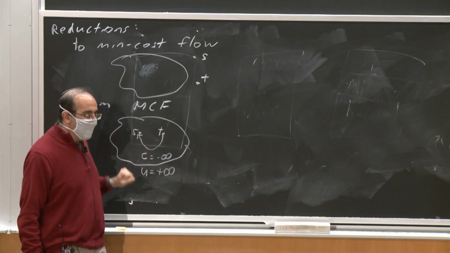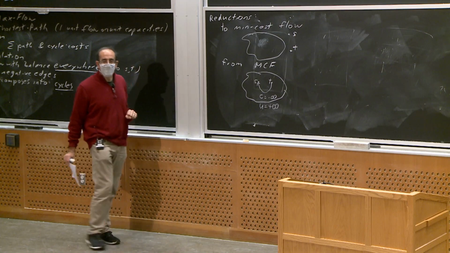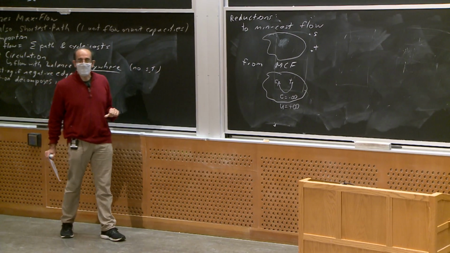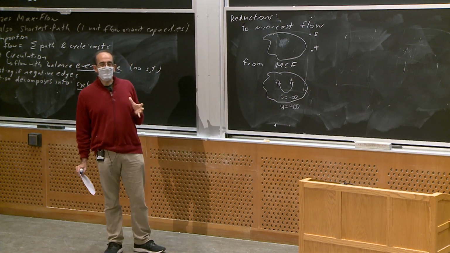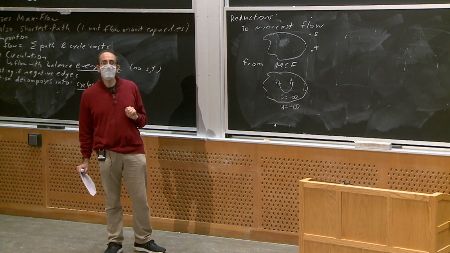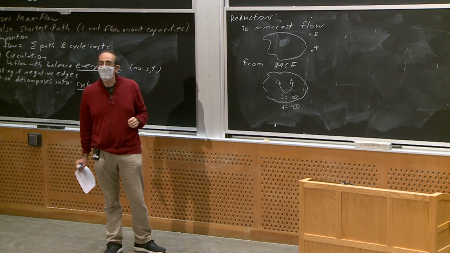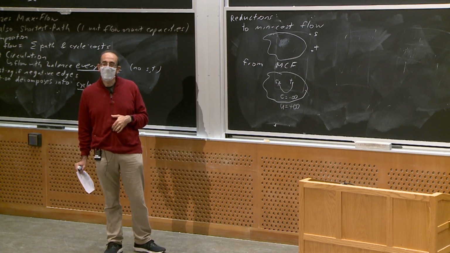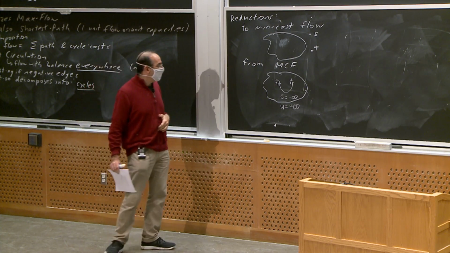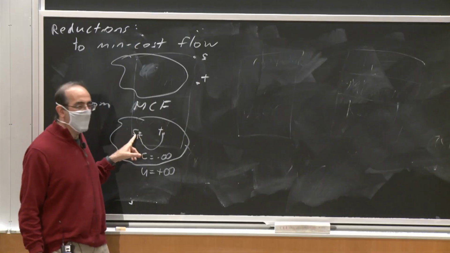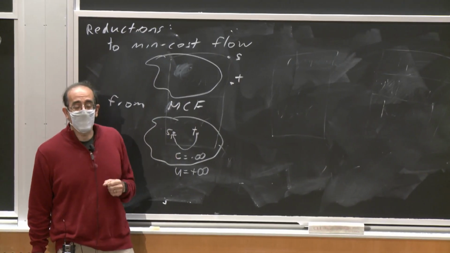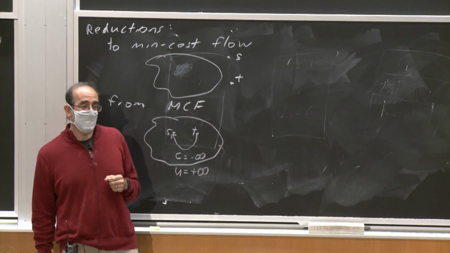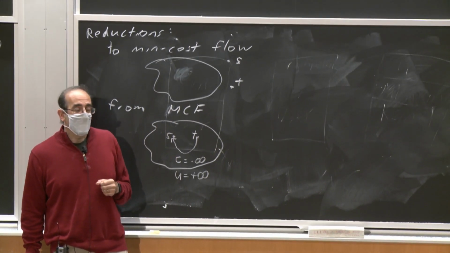Now, it's a little shady to use infinite numbers in a computer. They don't fit in machine words very well. Might we be able to just use a number that's big enough? Good. So we can put a bound on the amount of flow equal to, at most, the capacity of edges leaving S, right?